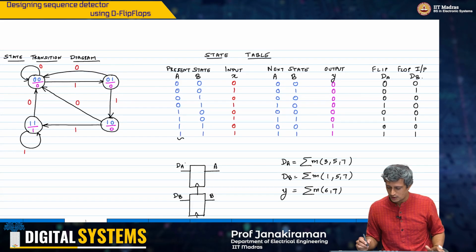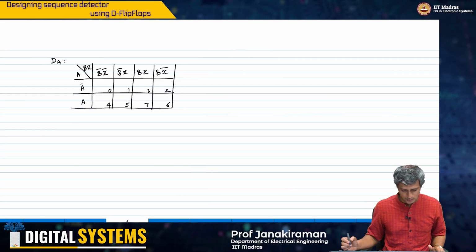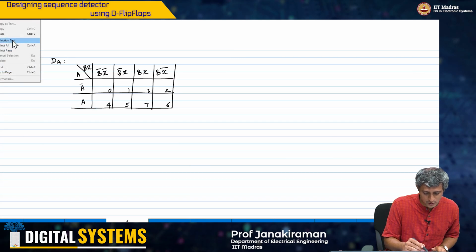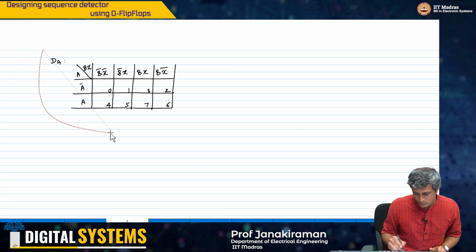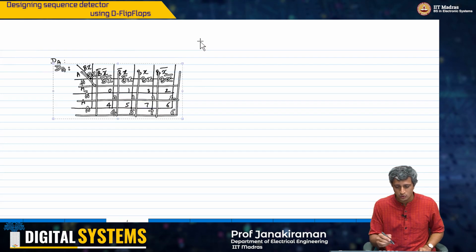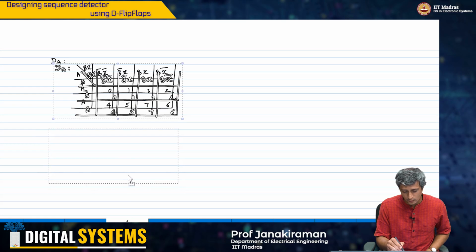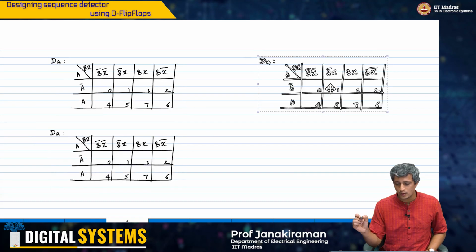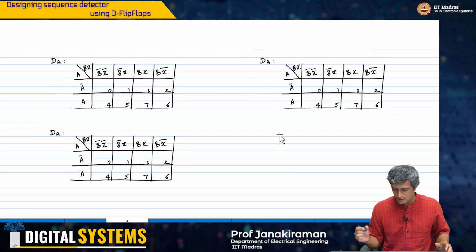Okay, so what I can do is make a copy of this and have it handy, one for each flip-flop input and output.